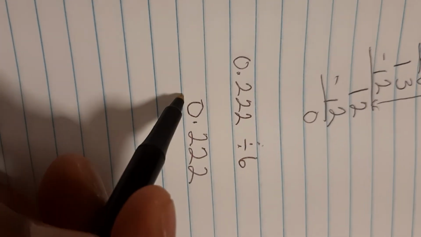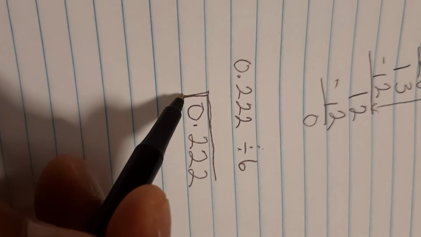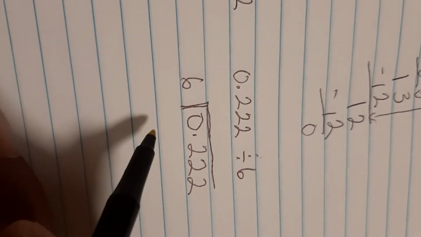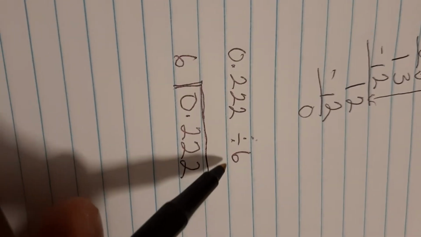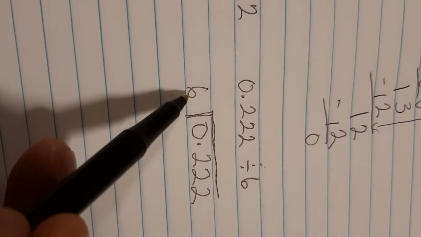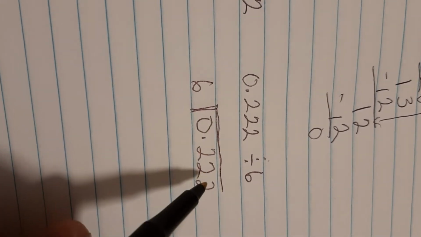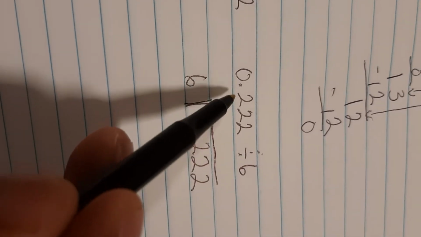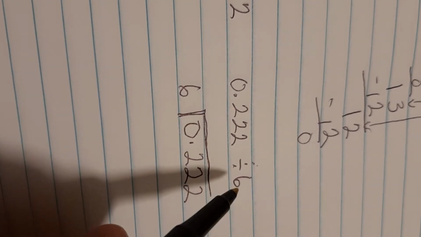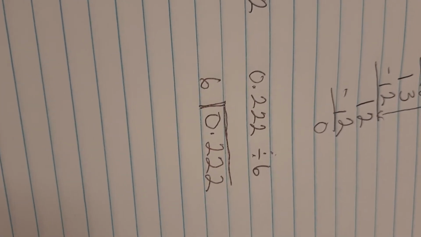All right, because remember that second number, when it's written this way, the second number goes outside the house, first number goes inside the house. 222 thousandths divided by 6. Now it's set up. Now we can get to work.